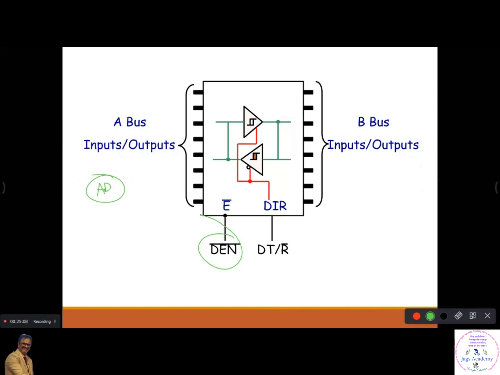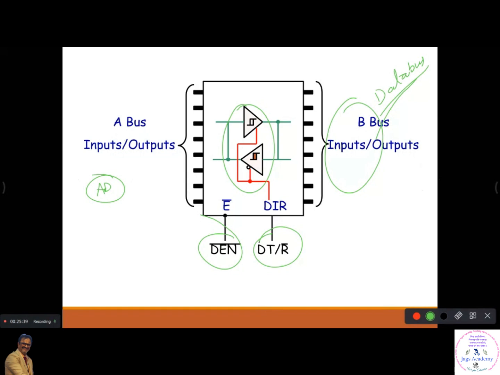That means it is supposed to exchange data. So the multiplexed address data bus should be used as a data bus. So connect your data enable to this buffer. This side is your pure data bus, right? And according to the data transmit or data receive, there is a pin called data transmit data receive.